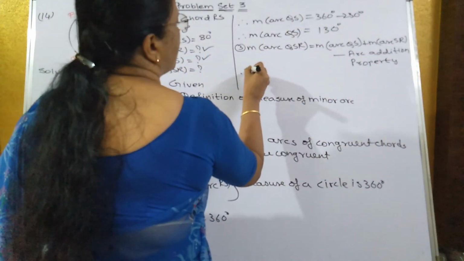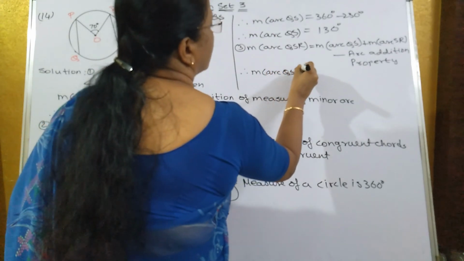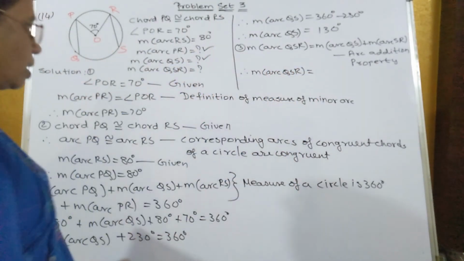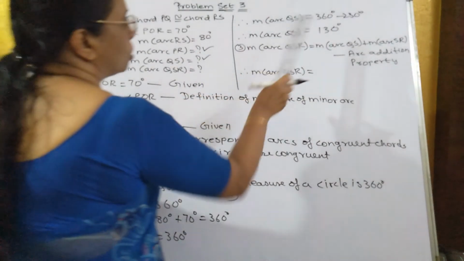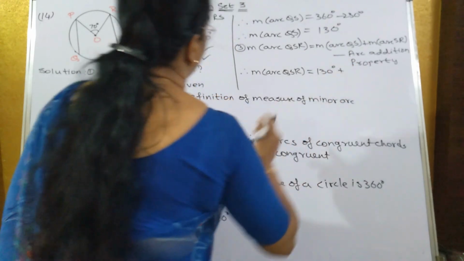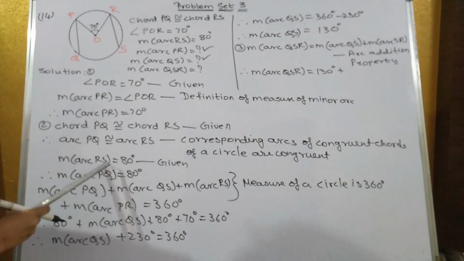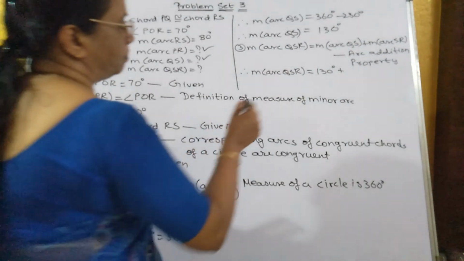Therefore, measure arc QSR is equal to, what is measure arc QS? Measure arc QS is equal to 130 degree plus measure arc SR. How much is measure arc SR? Measure arc SR is equal to 80 degree.